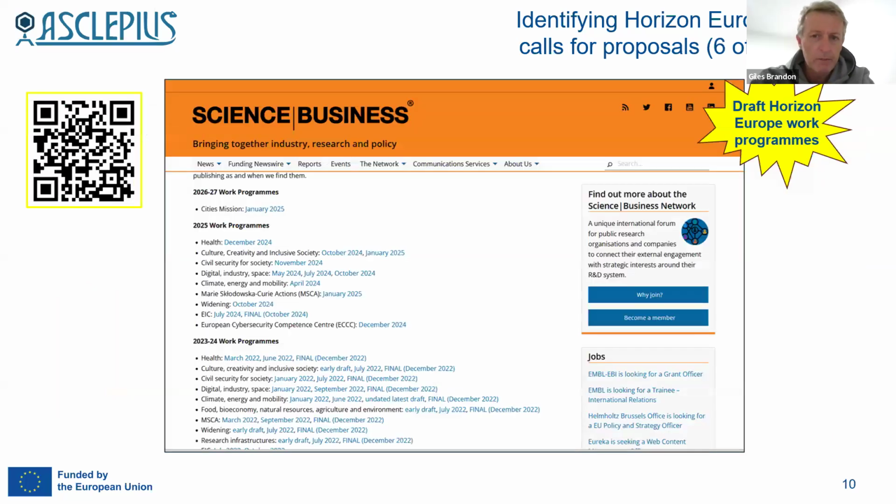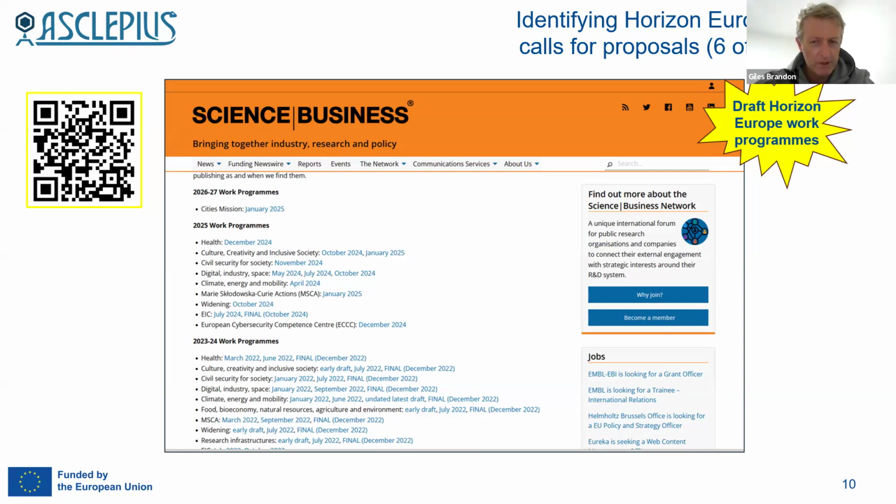Then another place you can look, if you're really deeply focused on Horizon Europe, is a website called Science Business. The QR code on the left will take you there. This is a website that produces daily news about science, the business of science.